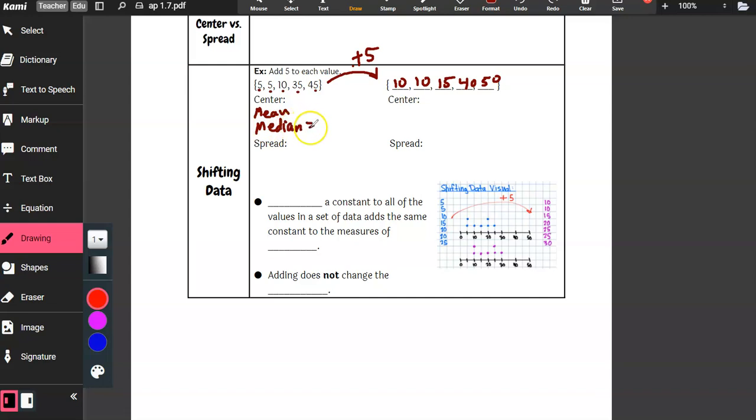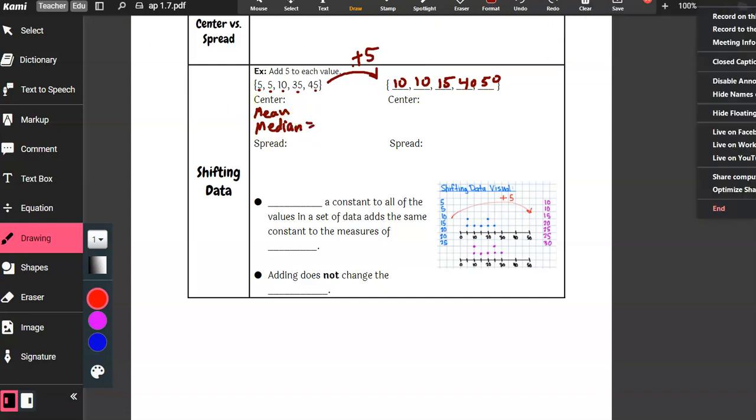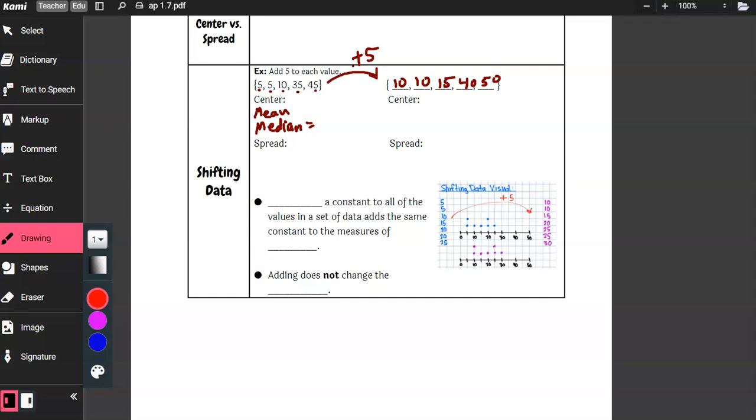and the median. So we'll find the mean and median for each of the sets. If we add up all these numbers and divide by however many numbers there are, 1, 2, 3, 4, 5, if we divide by 5, you'll get a mean of 20 here.